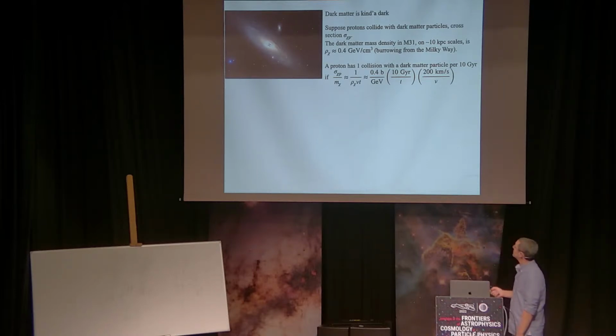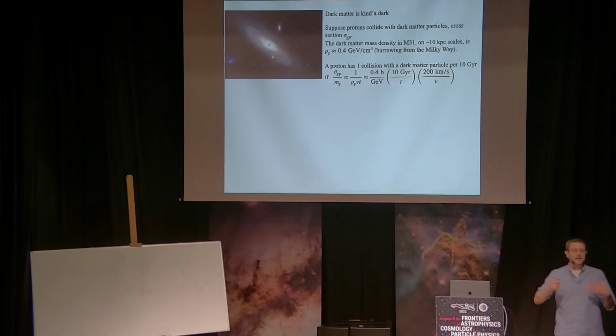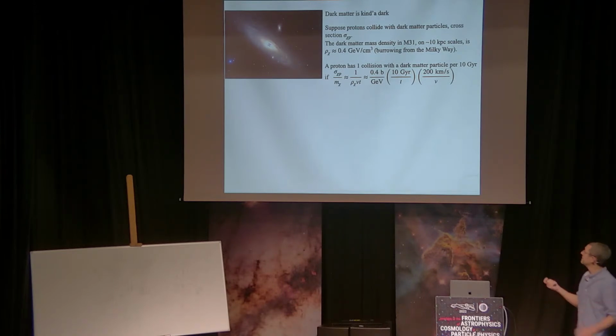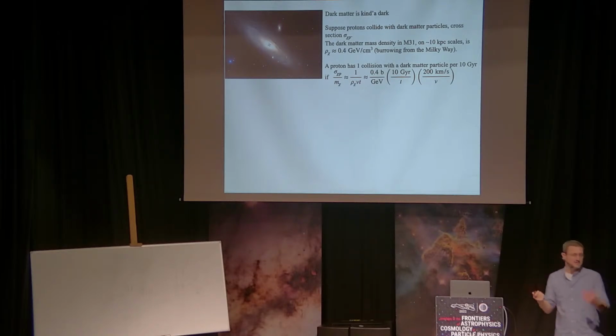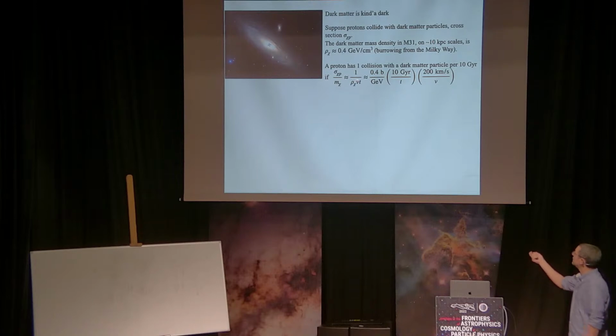So, another way to say it, a proton would have one collision with a dark matter particle in the age of the galaxy, about 10 gigayears. If I invert the formula, the ratio of cross-section to mass for this process is 1 over rho v t. Now on the right, everything is observable. T is just the number that I put there to check the relevance.